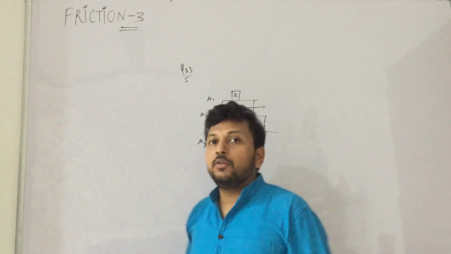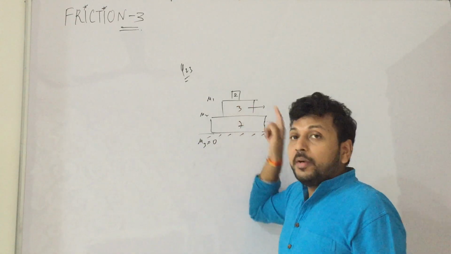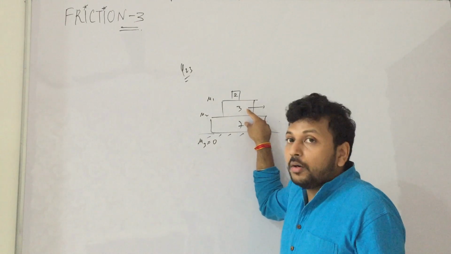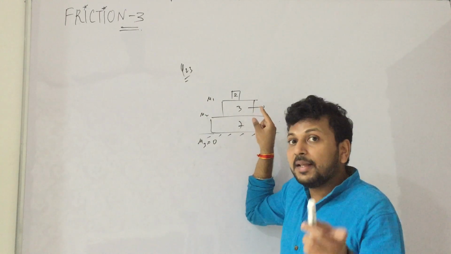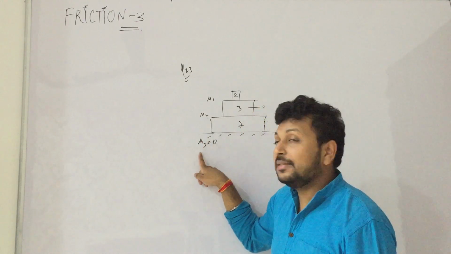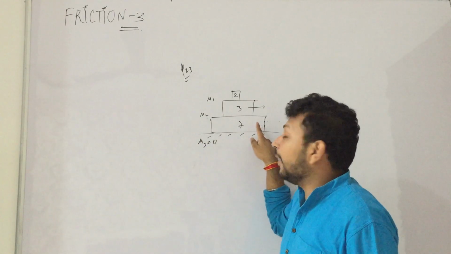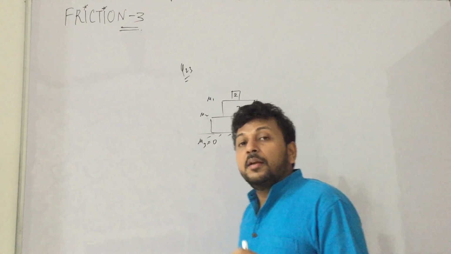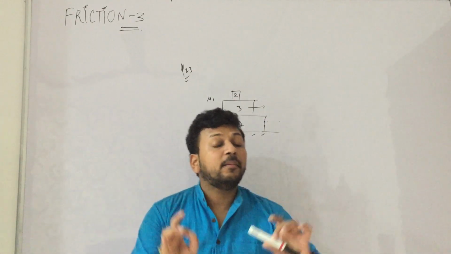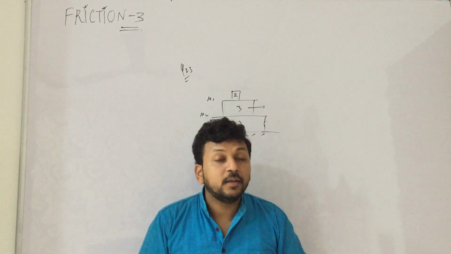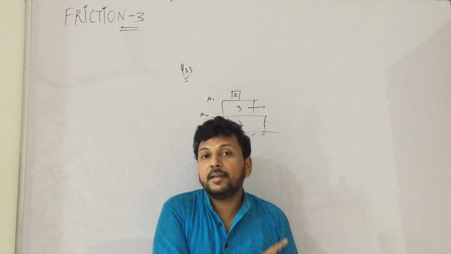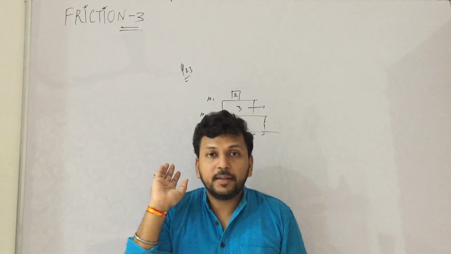If I pull 2 kg, these may not come together; chances are less, though with friction 0 it can happen. But if I pull 7 kg, all the three blocks may come together. This is a high possibility, so you consider that case first.